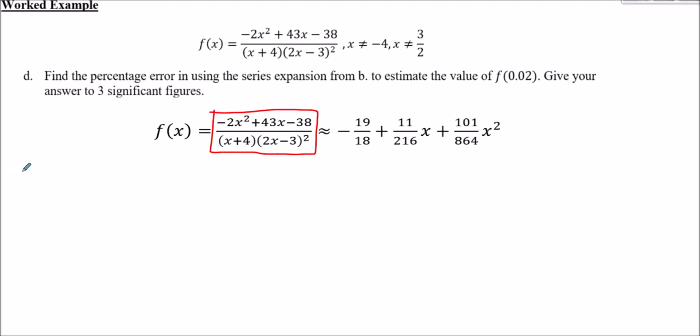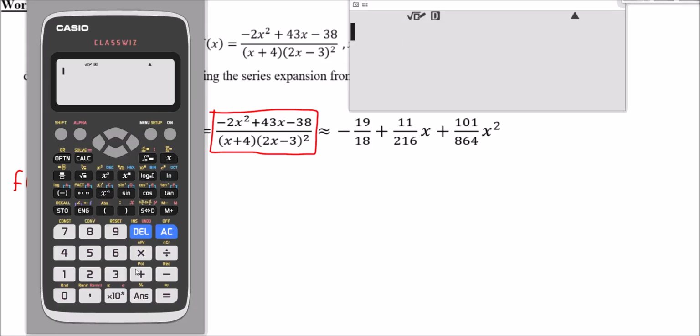So f of 0.02 into this thing here. Again, it's just an awkward job to do. So let's work out what we have. So it's going to be -2. Just type it exactly as it appears.